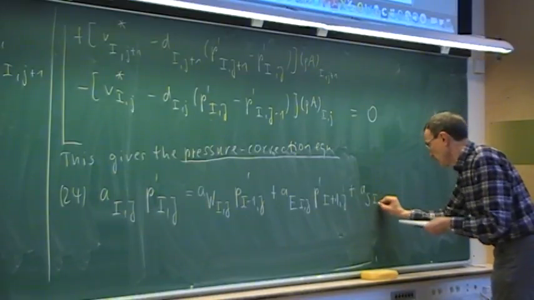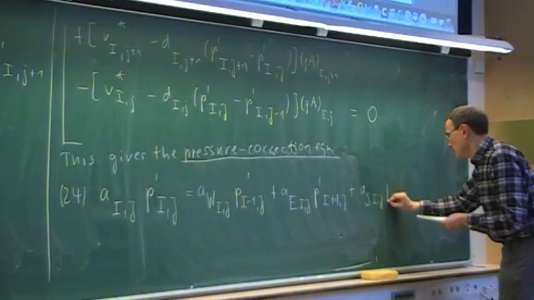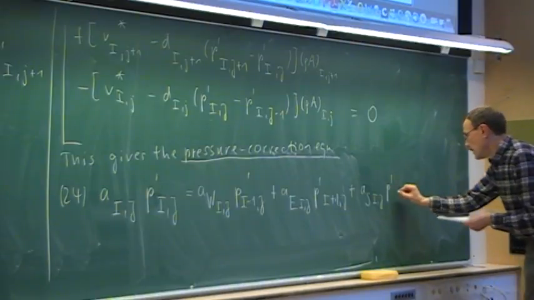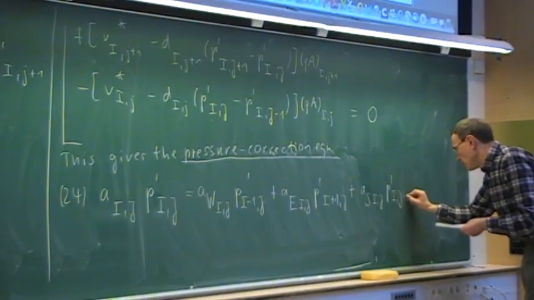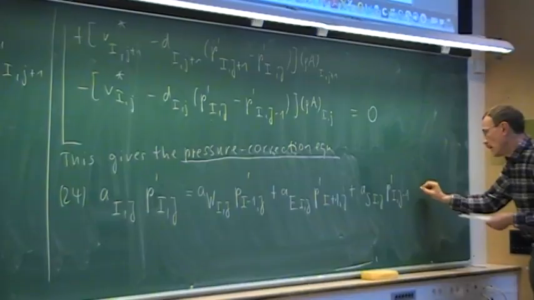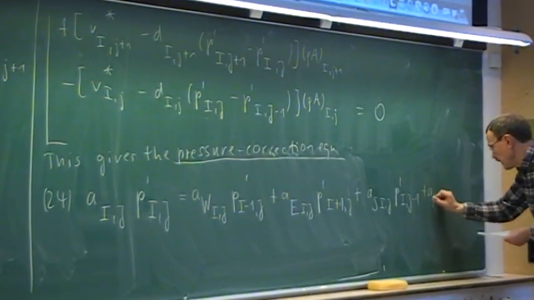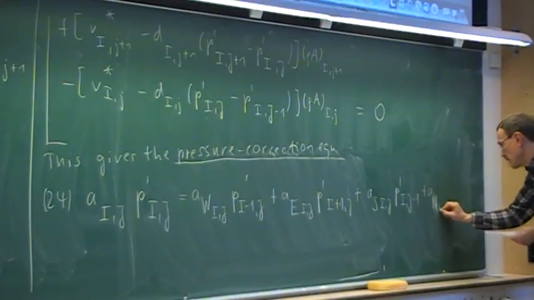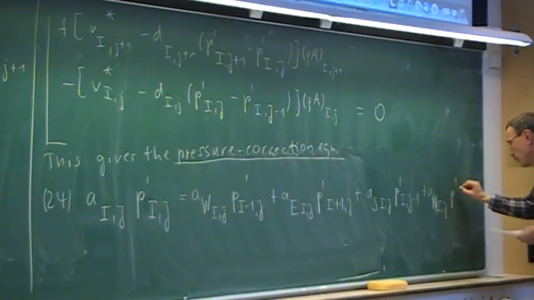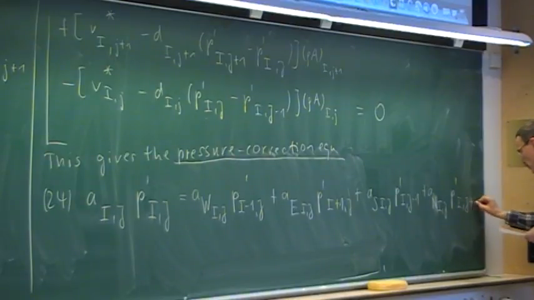First the south, Ij times the P prime at Ij minus 1, and then we have the A north, capital N, times the P prime at ij plus 1, capital J plus 1.